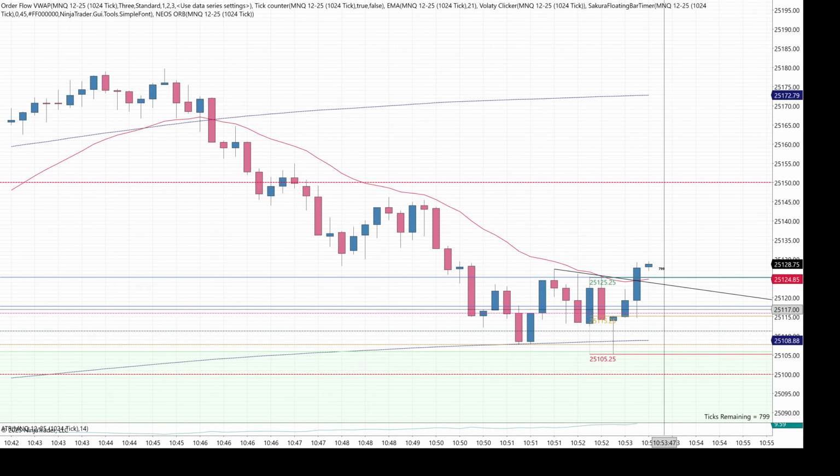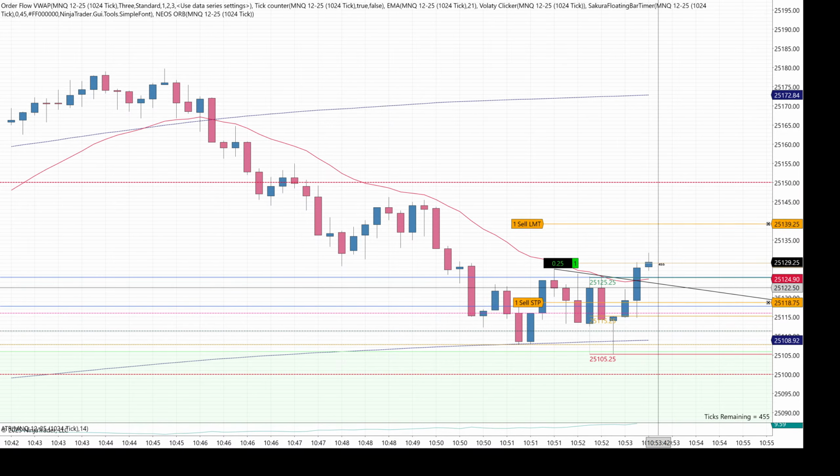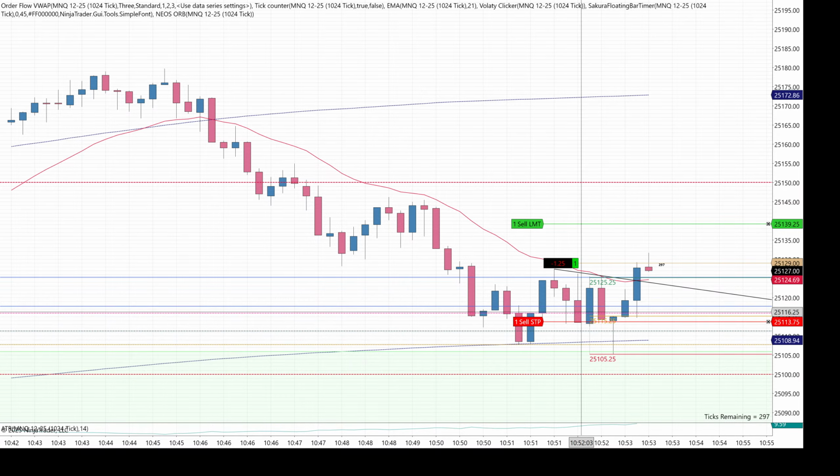I actually might take out this candle here. It's a nice breakout candle.